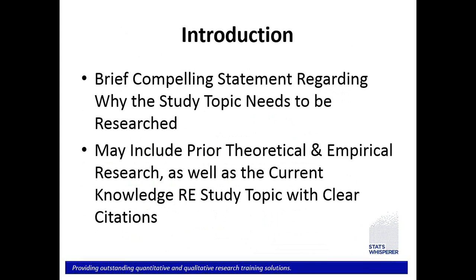And it may include prior theoretical and empirical research, as well as current knowledge regarding the study topic, with clear citations. So we'll have citations that support our statements regarding why this is an important topic and why it should be researched.